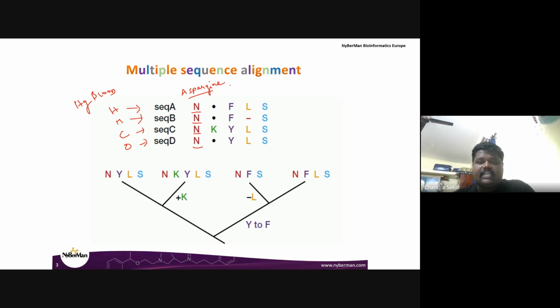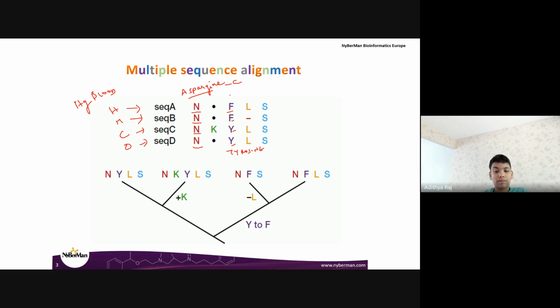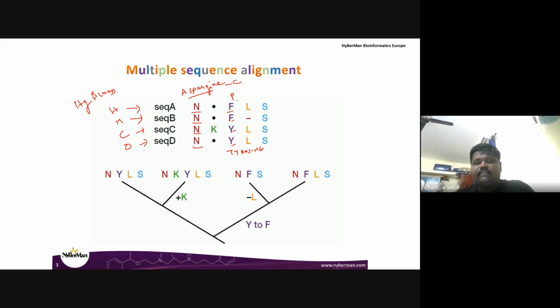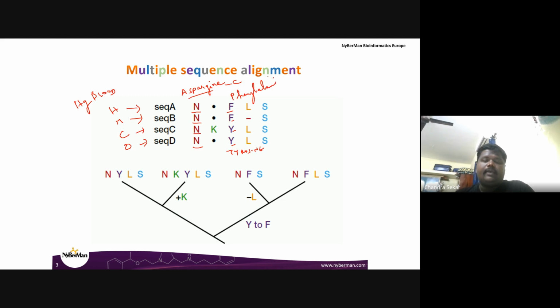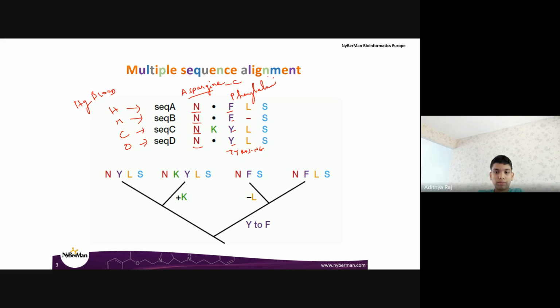So this asparagine is conserved, whereas what about phenylalanine, tyrosine? Y is tyrosine, F is phenylalanine. So here it becomes non-conserved. Clear?